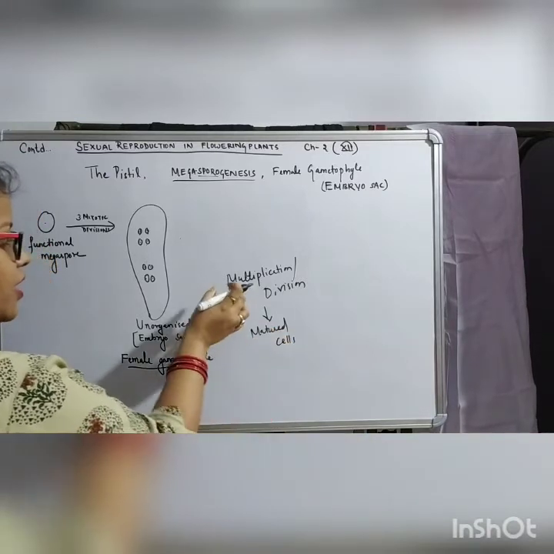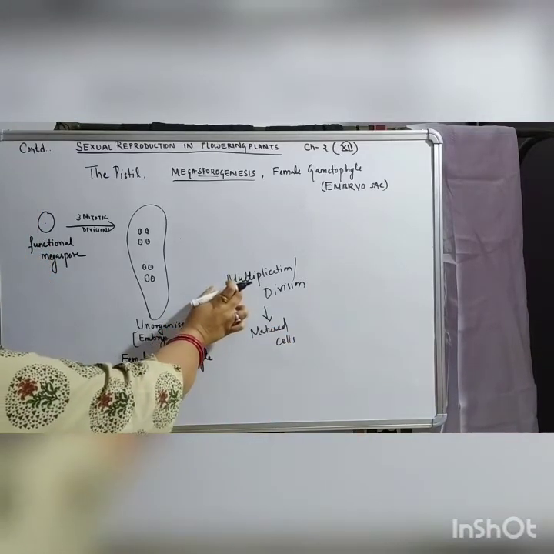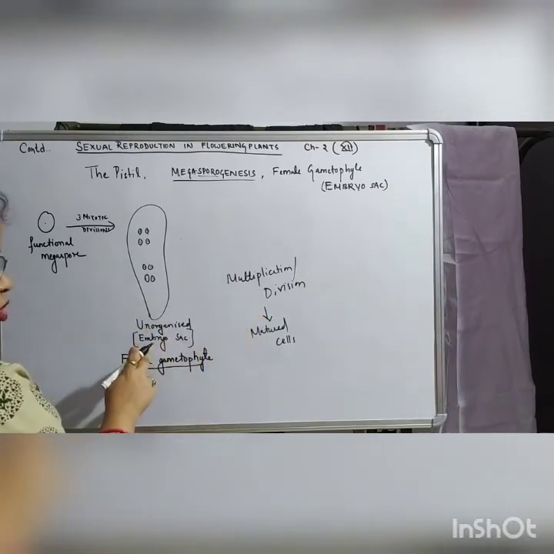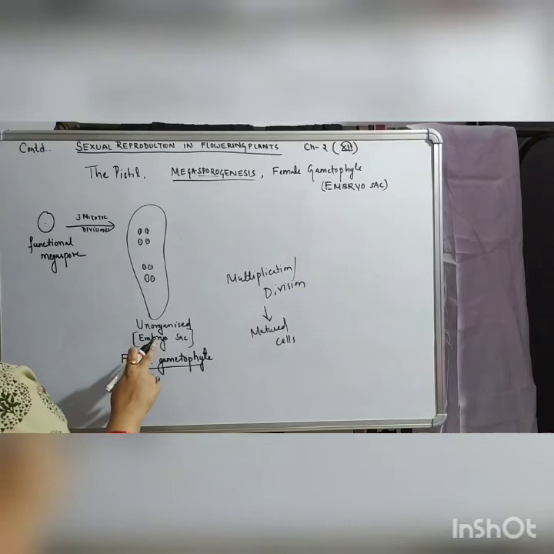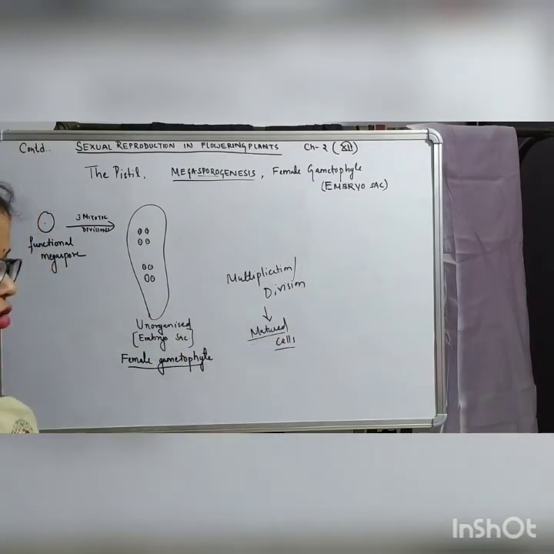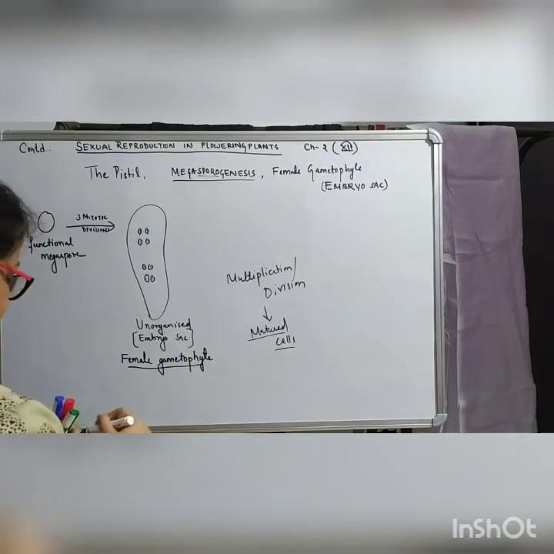So we have ended up with this multiplied, divided, unorganized, unmatured embryo sac. Now after rearrangement we will be getting these matured cells. So let's see how the arrangement would be.